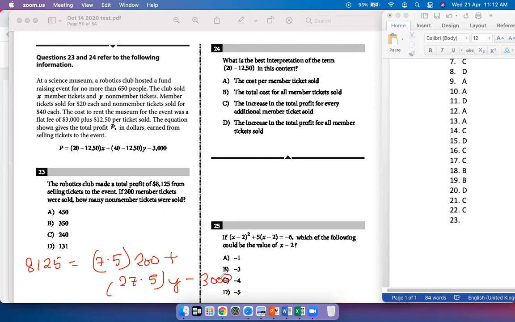Okay, so that gives me 8125 plus 3000, which is 11,125. 11,125 is 7.5 into 200, that's 1500, plus 27.5 Y. Okay, so when I put this in a calculator, I get 11,125 minus 1500, divided by 27.5, which is 350. So the number of non-member tickets was 350, option B.